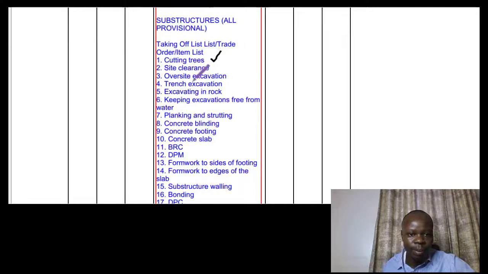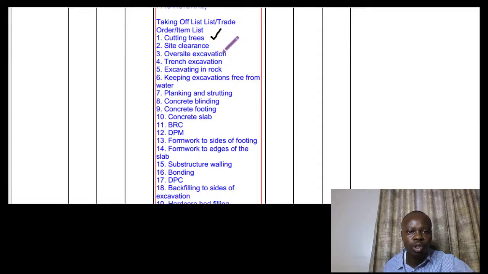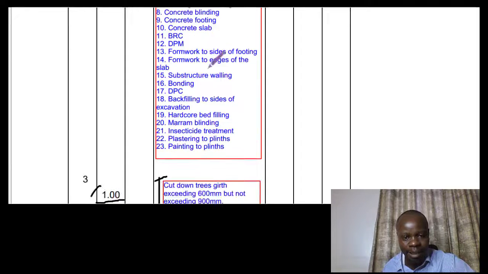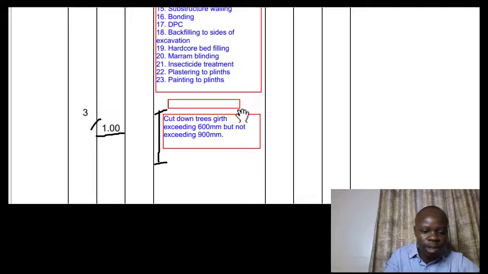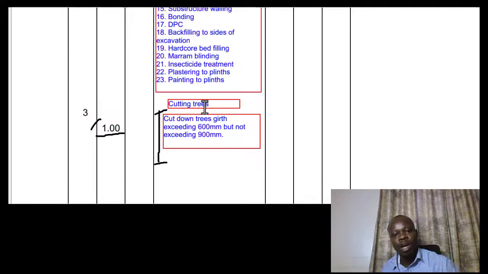So at item number 2, we are going to talk about site clearance. At item 1, just at the title, we talked about cutting trees. We've done the description, and everything there looks quite good. After this, you just underline what you have, or what you've measured.